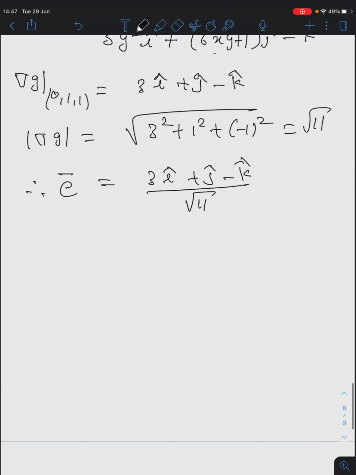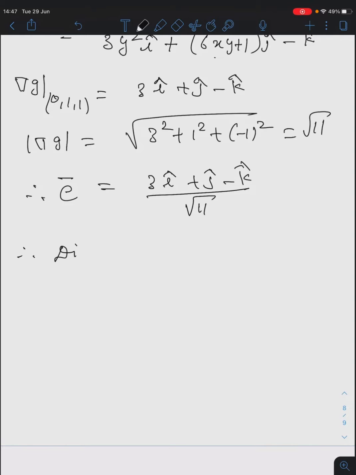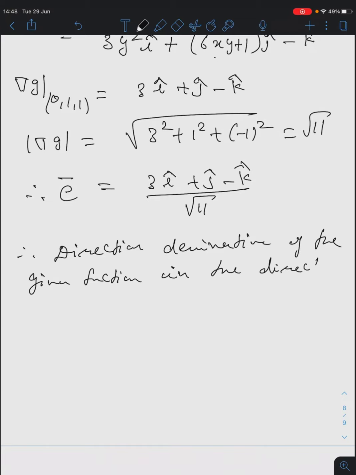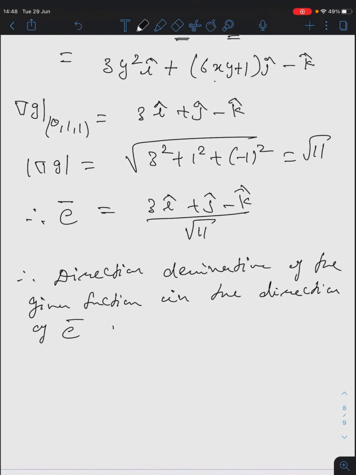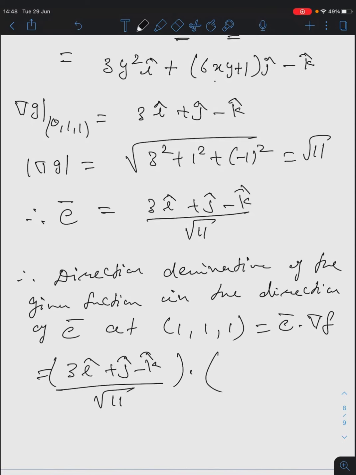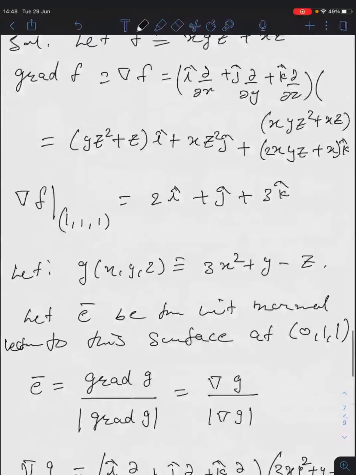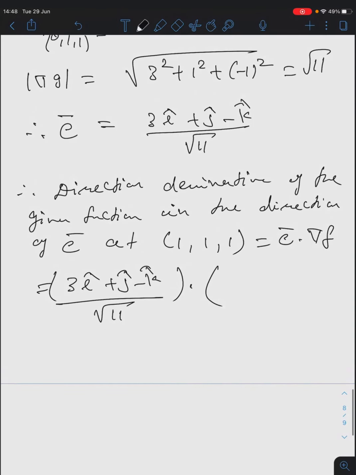So now you have E bar and del F also. Therefore the directional derivative of the given function in the direction of E bar at 1 1 1 is E bar dot del F. Just substitute everything: (i cap plus j cap minus k cap) by root 11, dot product with del F, which is 2i plus j plus 3k cap.